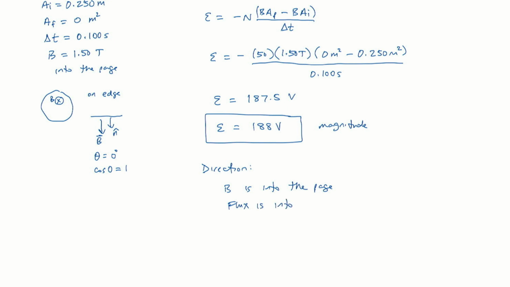Flux is into the page. And it's also decreasing because the area is getting smaller and smaller. So flux is into the page and decreasing, we can say due to area getting smaller.